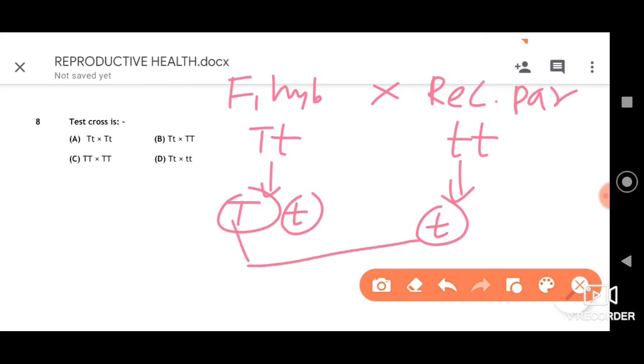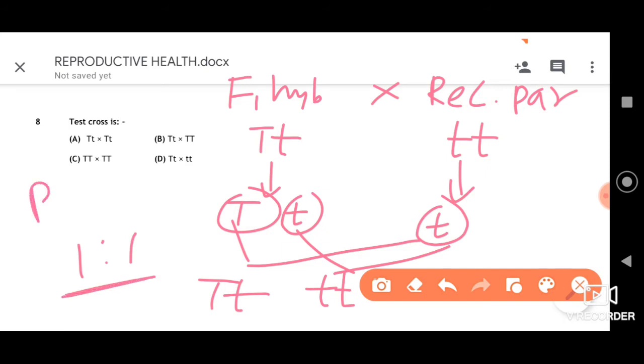So we are going to get the test cross ratio, phenotypic as well as genotypic: capital T small t, small t small t. Both the phenotypic ratio and the genotypic ratio would be 1:1 for the test cross, my dear friends. The basic thing to understand is that whenever we speak of a test cross, it is capital T small t crossed with small t small t, that is, the F1 hybrid with the recessive parent.